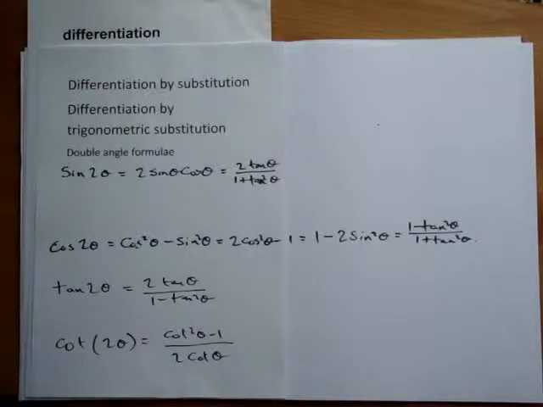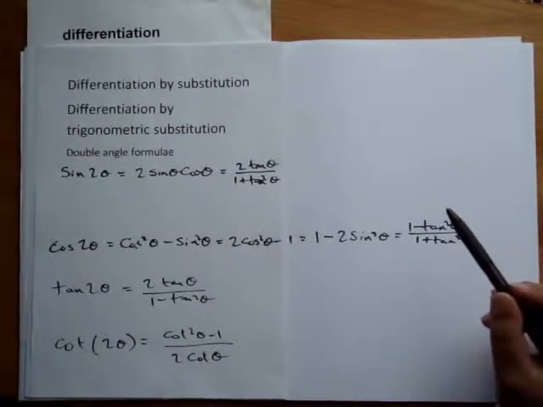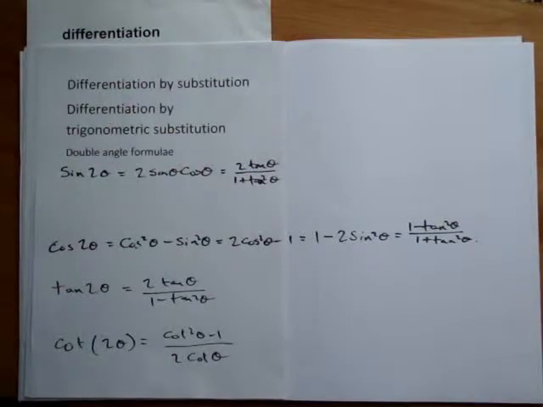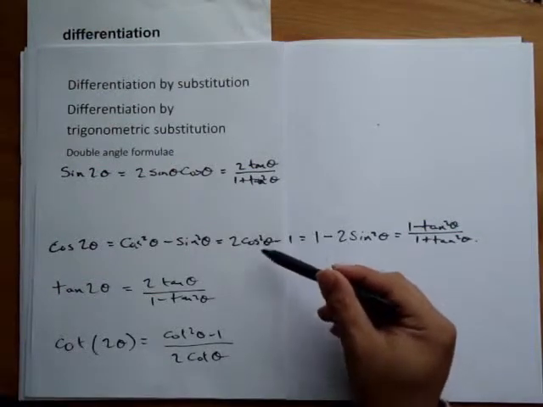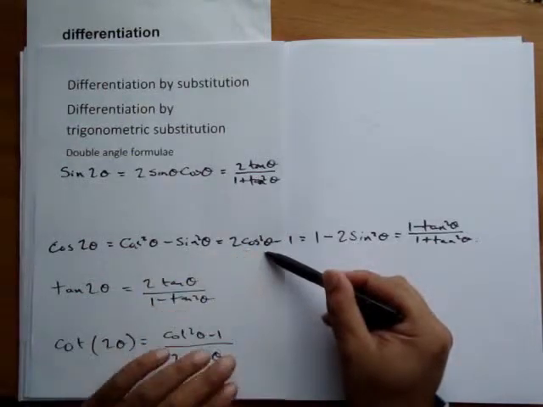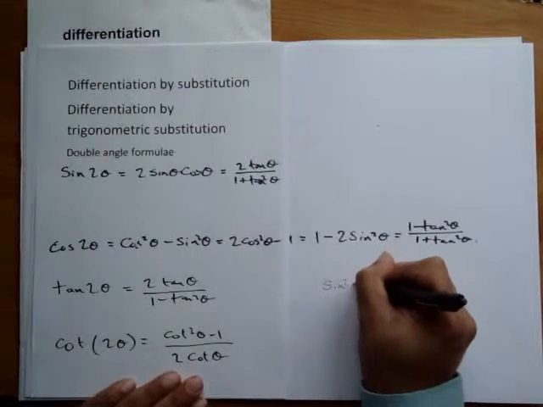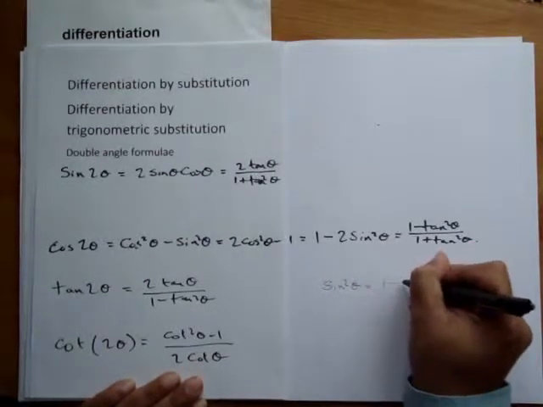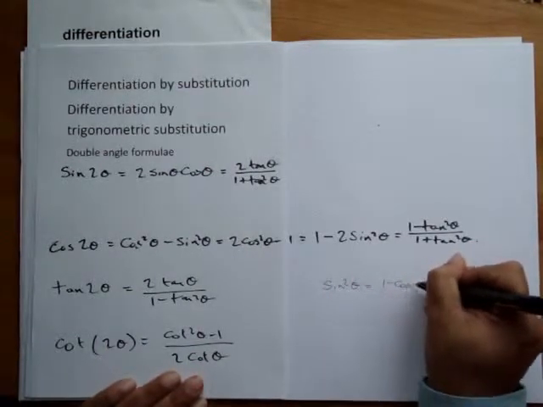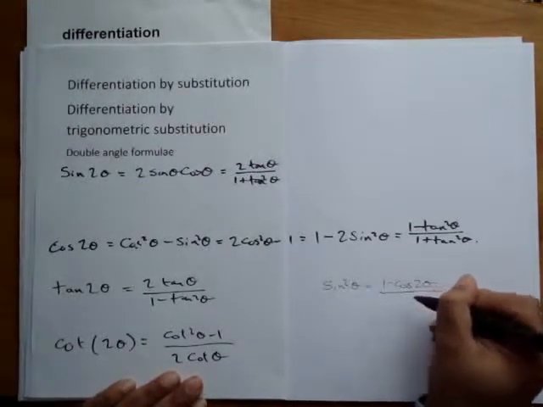Let's have a look at some of them from these formulae. For example, from sine squared theta and cos 2 theta, which is over here. So if we take that to the other side, we get sine squared theta is 1 minus cos 2 theta over 2.